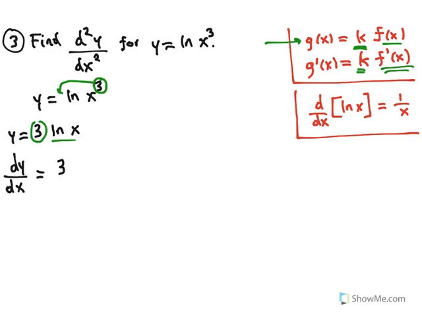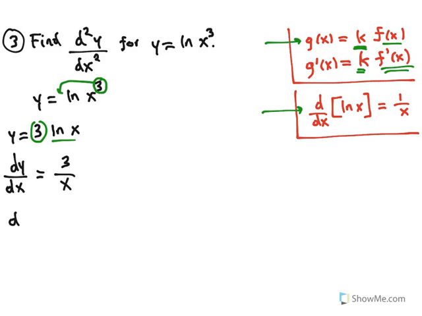So we will have 3 times the derivative of natural log of x, which is of course 1 over x. So 3 times 1 over x, which you can write as 3 over 1 times 1 over x. Multiply the numerators and the denominators, and you get 3 over x.